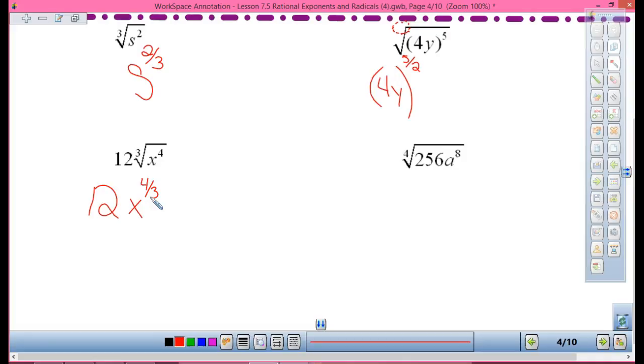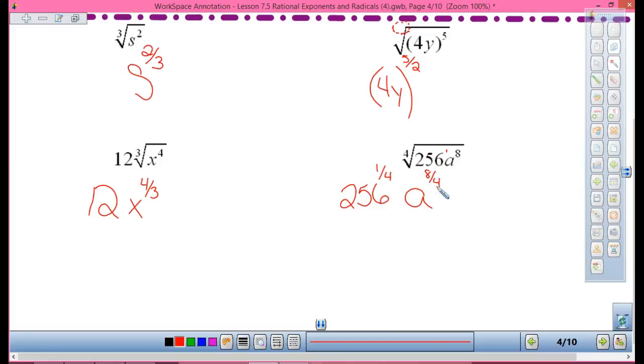Alright, this last one, is it in parentheses? No. What is it? It's 256 to the what power? Just to the first power, right? Because there's nothing there, and so that's just an imaginary. So I've got to do this two different ways. 256 to the 1/4, a to the 8/4.